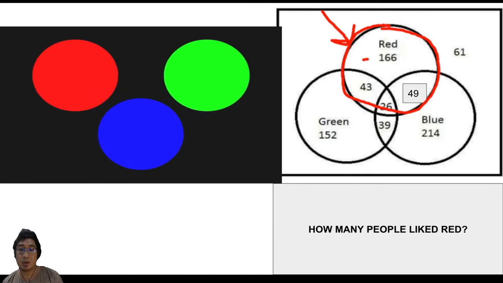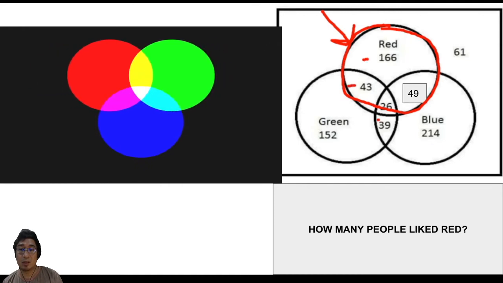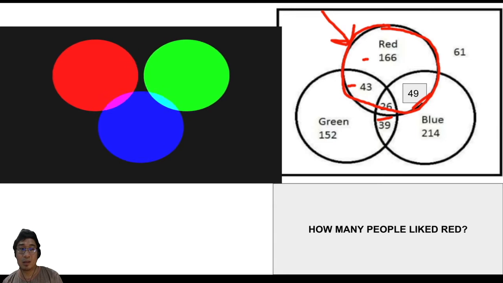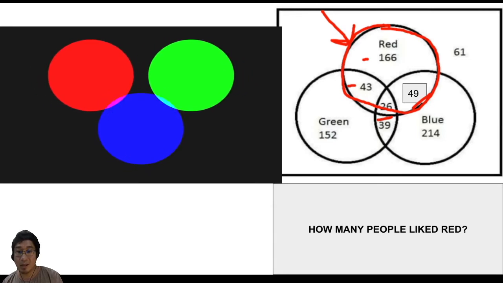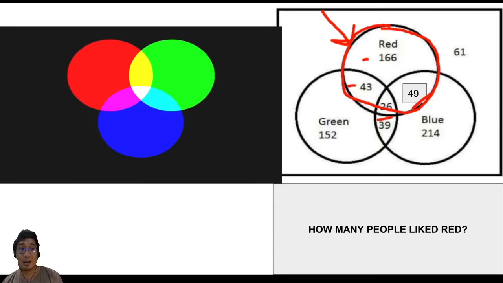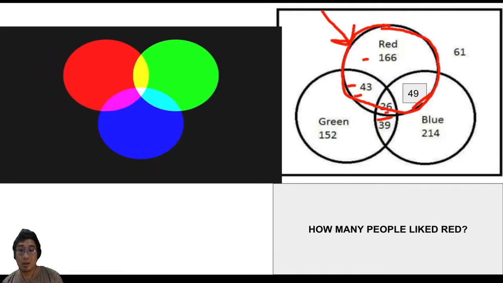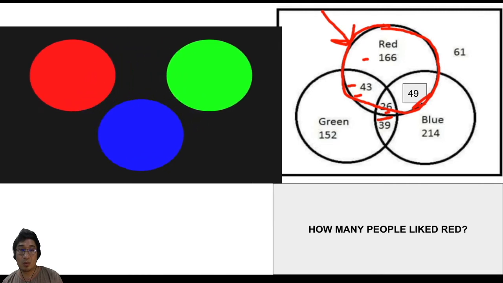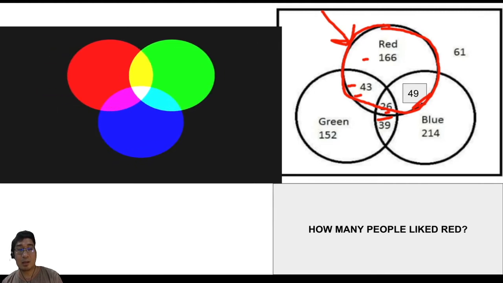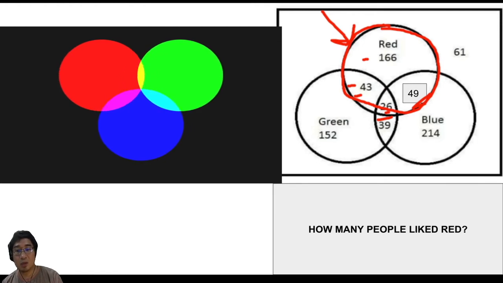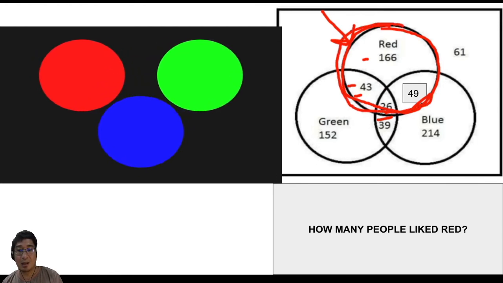Ito yung 166, 43, 26, and then 49. Kasi these participants like red in general. Although this 43 gusto nila yung green, 26 gusto nila yung green, blue, and red, 49 gusto nila yung red and blue. Pero in generally speaking, these participants who are inside this circle actually like red.